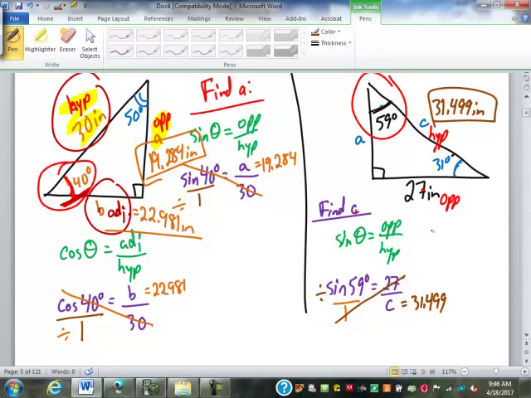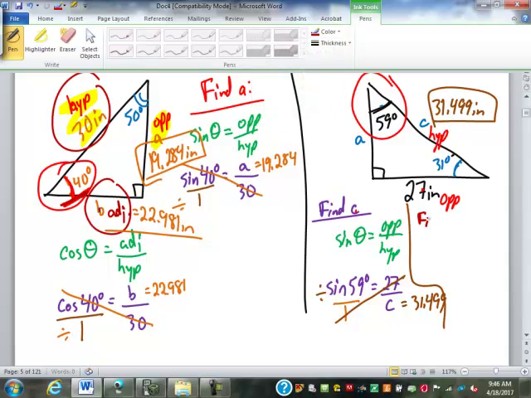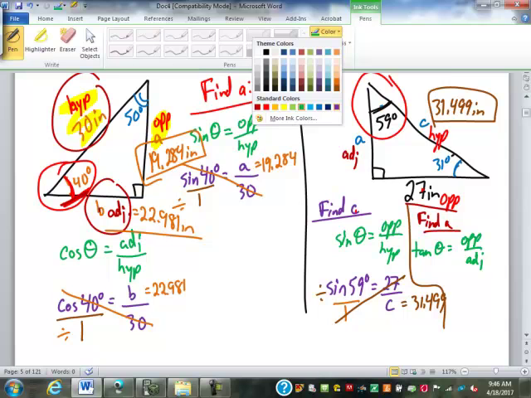To find A, well, I still know the opposite side. A is the adjacent side. Opposite and adjacent make tangent. The tangent of an angle is opposite over adjacent. So I fill in what I know.